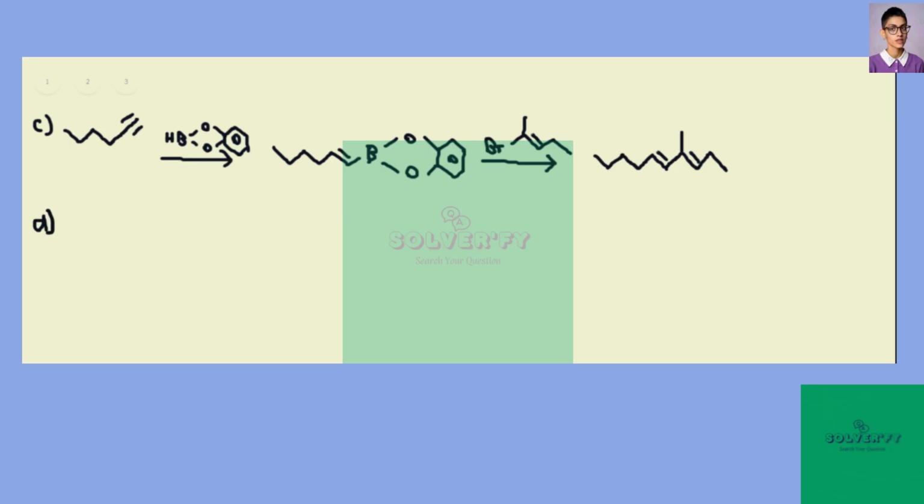Part D is going to also be pretty short. So again, we'll start from bromobenzene like we did in part A. And this time we will use a Friedel-Crafts reaction to add what we need. And then from here, we can do a Heck coupling.